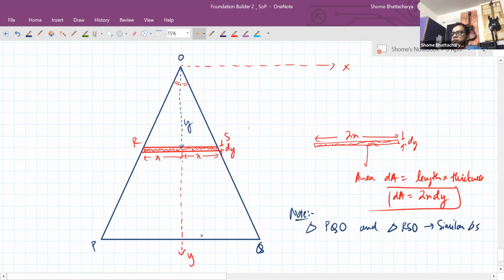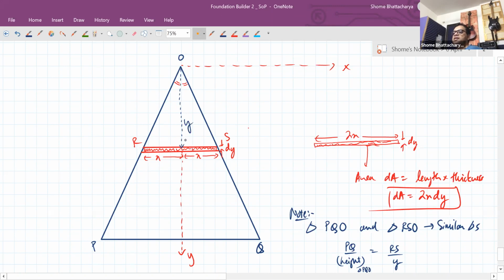They have the same angles. So PQ upon the height of this one is equal to RS upon y, the height of the triangle.